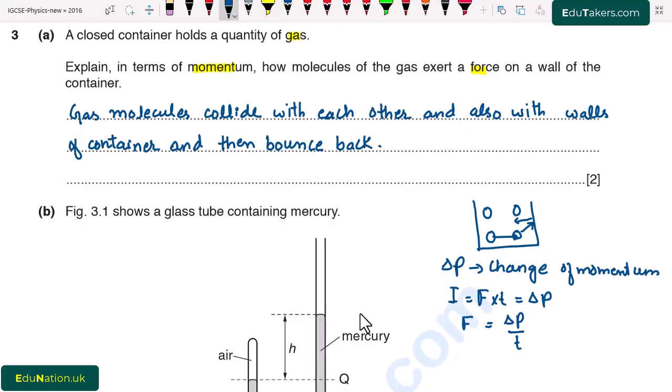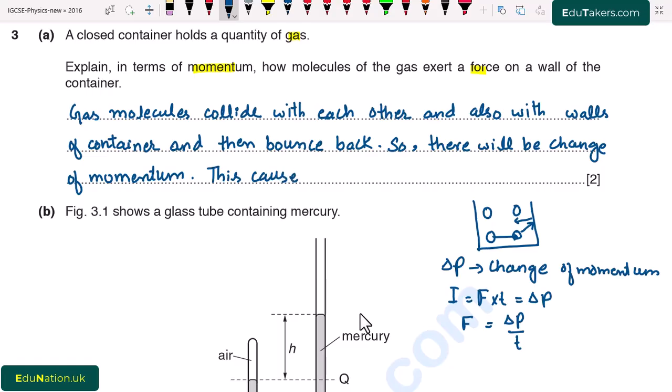So there will be a change of momentum. This causes a force according to F is equal to delta P over T, because force is equal to rate of change of momentum. So when there is a change of momentum, there will be a force.